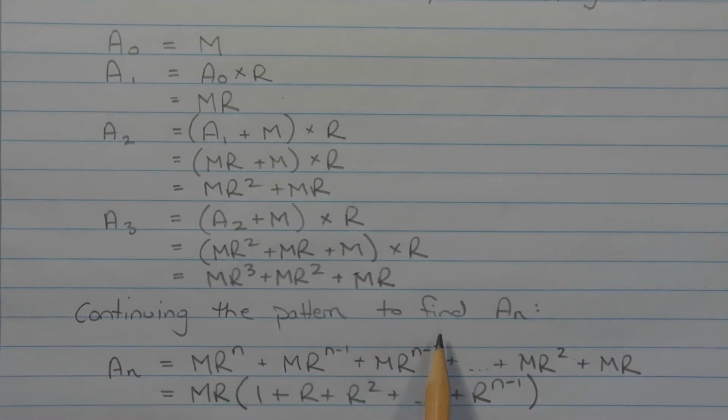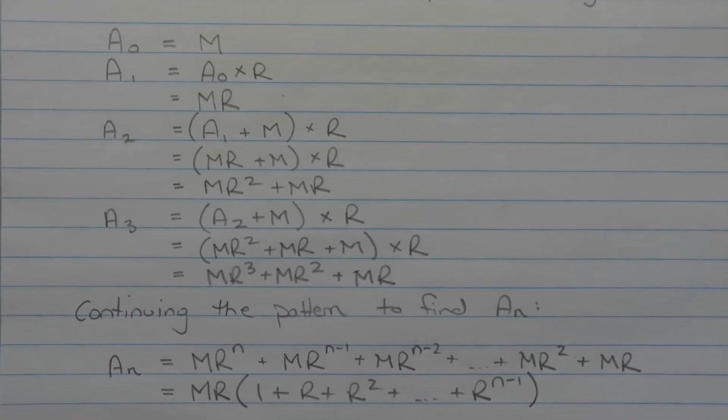Continuing the pattern to find an expression for A_n, the value of the annuity after n years, we get A_n is equal to M times capital R to the power of n plus M times capital R to the power of n minus 1 plus M times capital R to the power of n minus 2 plus ... plus M times capital R squared plus M times capital R. If we factorize out M times capital R from the right hand side, we get A_n is equal to M times capital R outside of (1 plus capital R plus capital R squared plus ... plus capital R to the power of n minus 1).